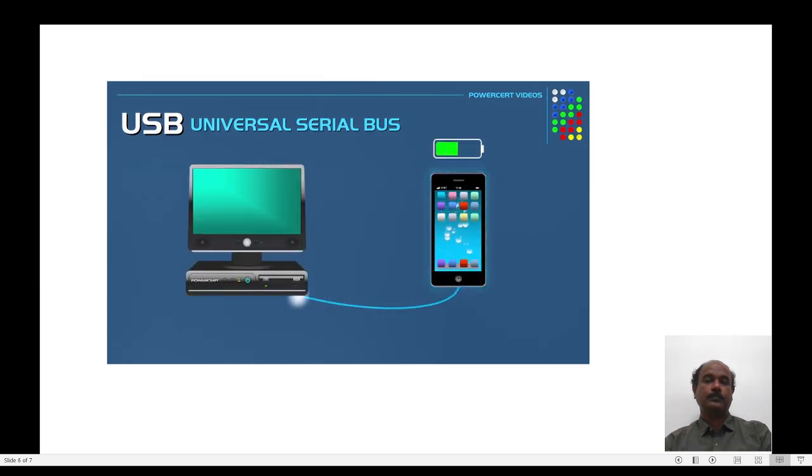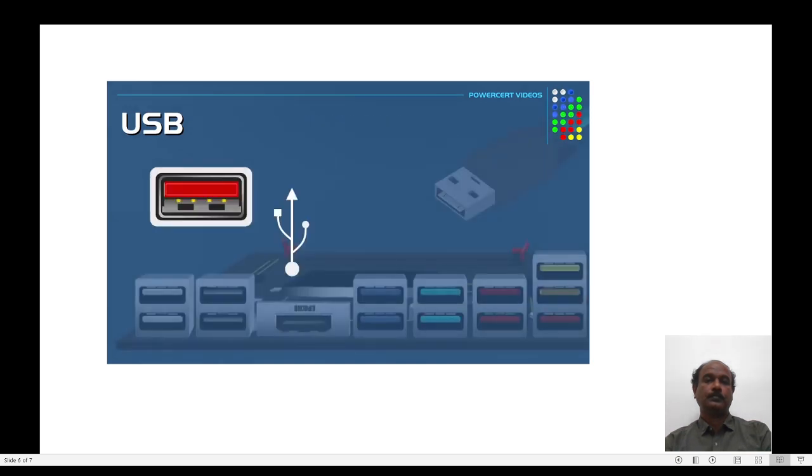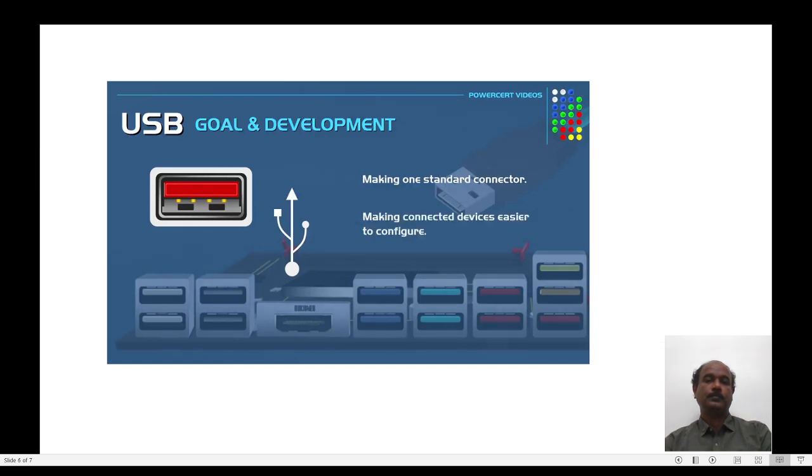And desktops and laptops will have several USB ports. Now, the goal of the development of the USB was to make connecting devices to a computer much easier. This is done by first making one standard connector, therefore eliminating all the other different kinds of connectors. Second, by making connected devices easier to configure.